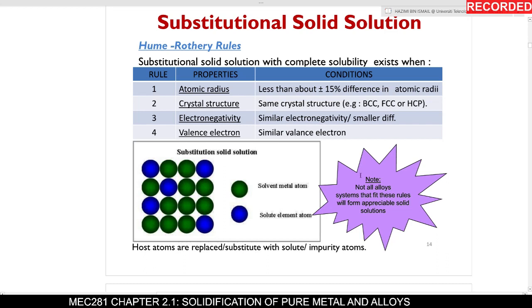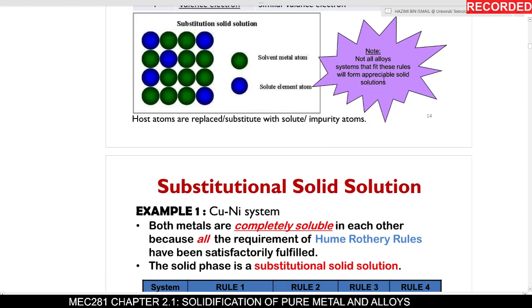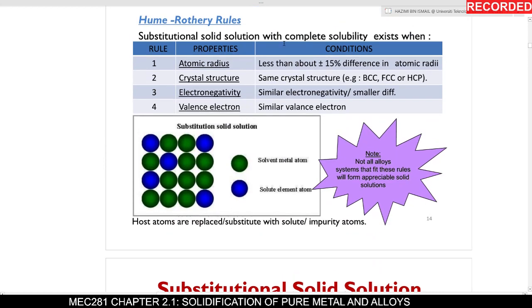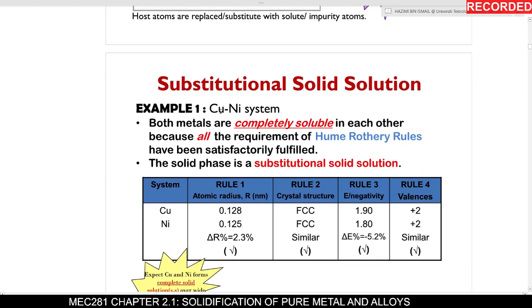Note that not all alloy systems that fit this rule will form appreciable solid solutions. So these are not 100% rules that you can follow. An example here is the copper-nickel system. Both metals are completely soluble.